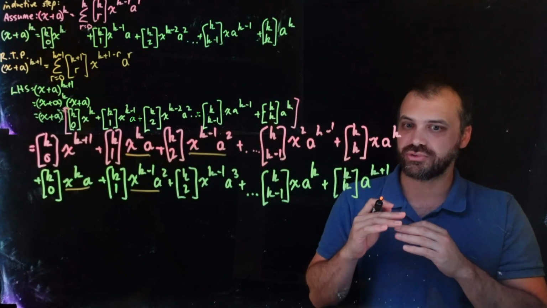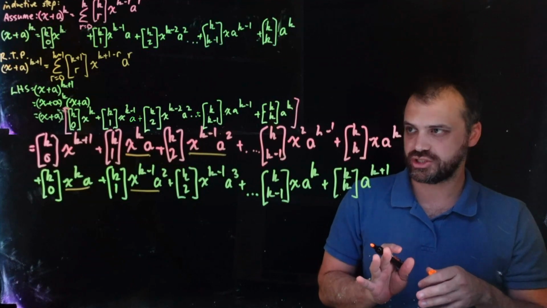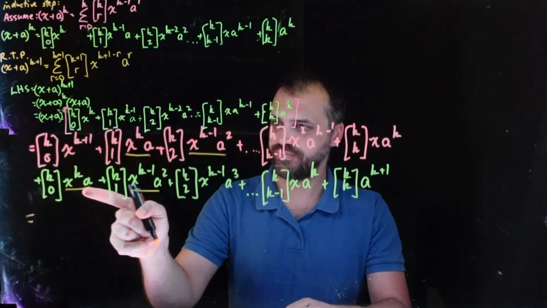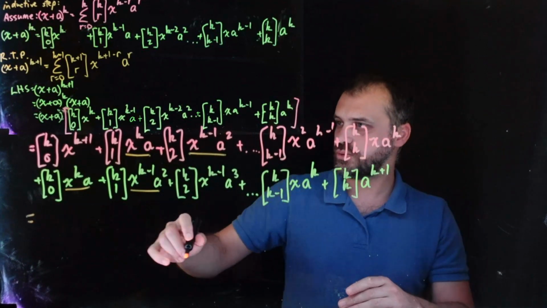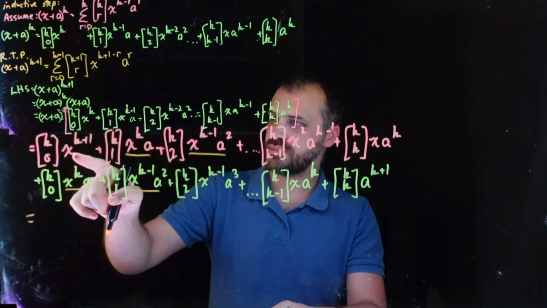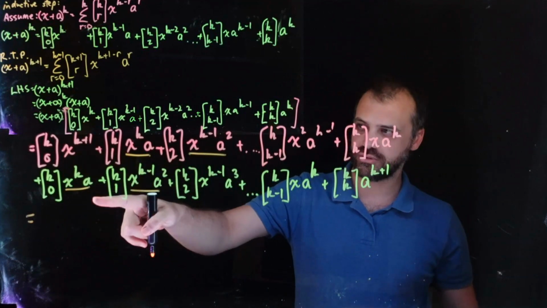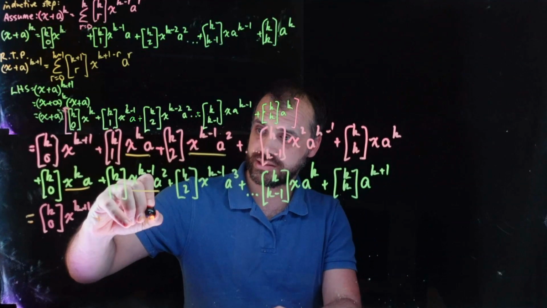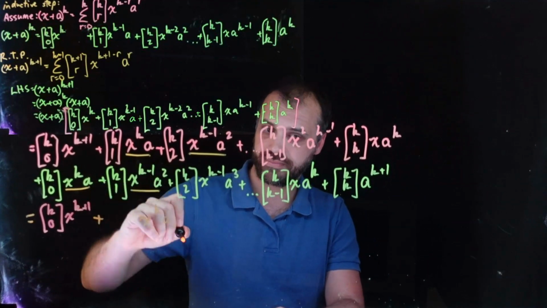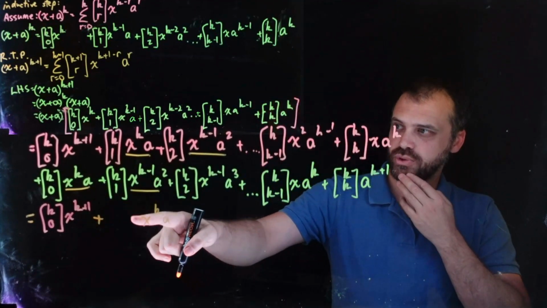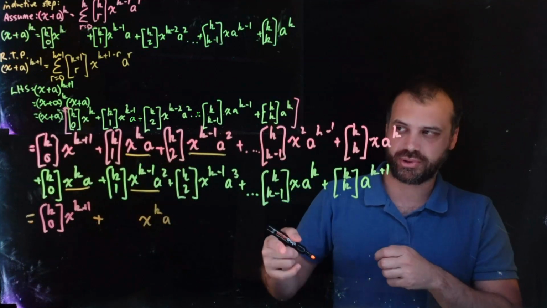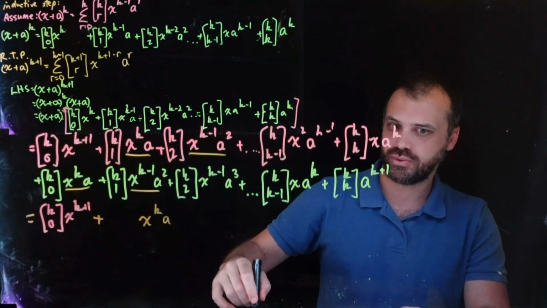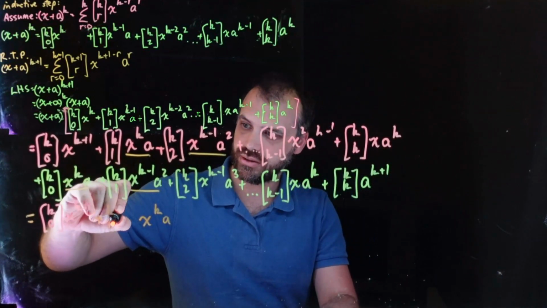So we can do this really wild factorization here, where we can say that this entire thing is equal to, all right, so the first term doesn't have a partner. So I'm just going to write that one. But the next term does have a partner. So we'll go x^k a, right? But then what's x^k a being multiplied by? Well, this one here is being multiplied by k choose 1.